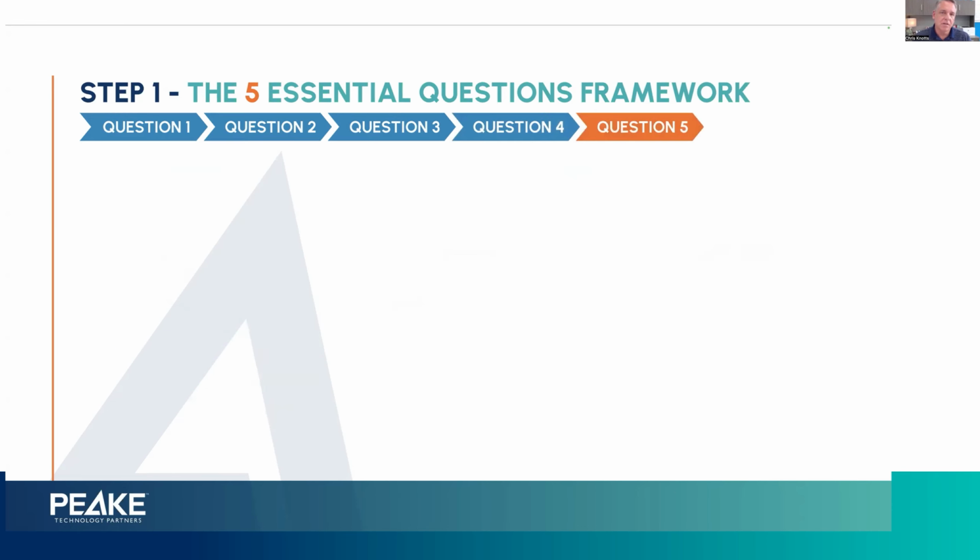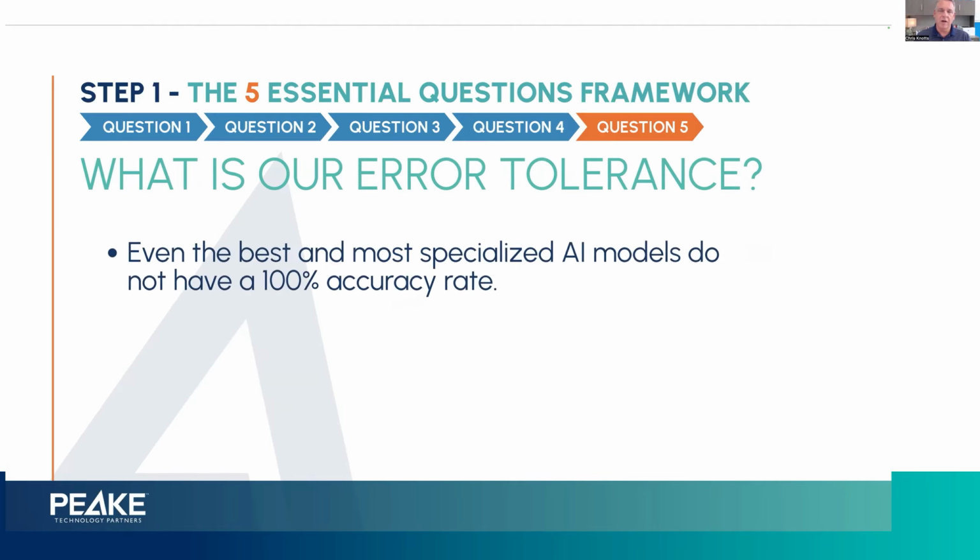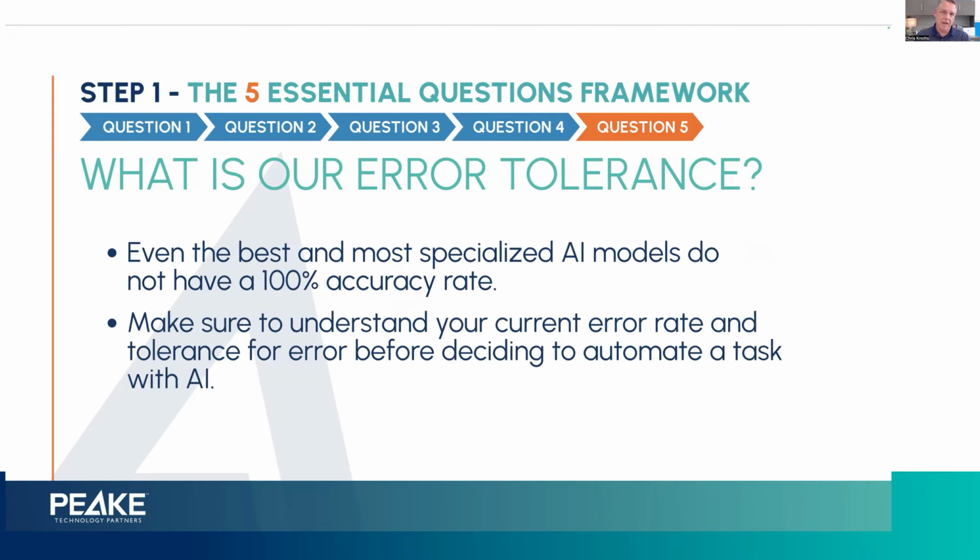And the last question is about error and tolerance for error in the solution that you're implementing. If this is part of a clinical decision-making process, the tolerance for error may be little or none. If this is about customer interactions or customer satisfaction, post a procedure or post an interaction, maybe there's a little bit more room for error.